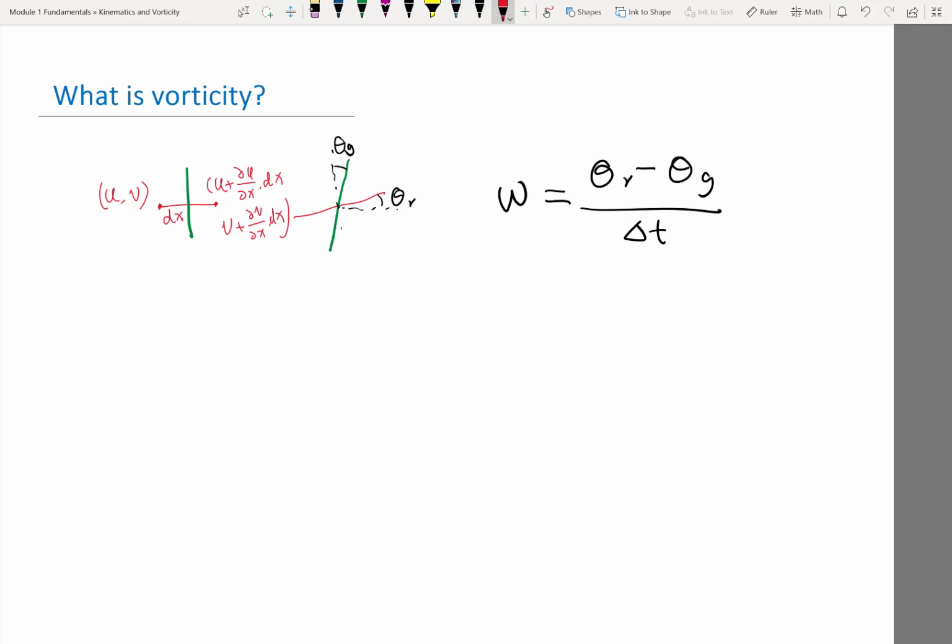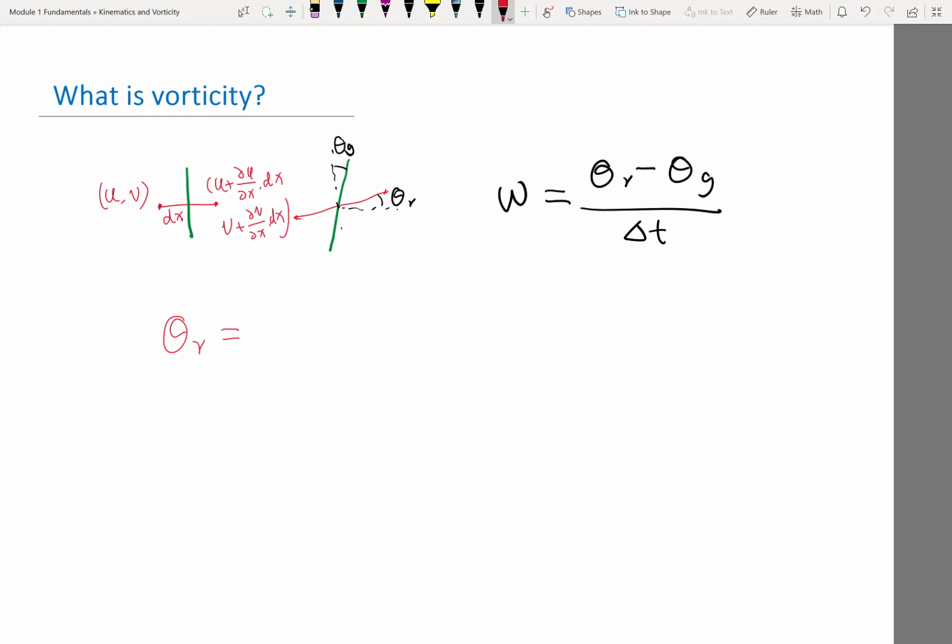All right. So after a moment, what is the angle? The angle after an infinitesimal amount of time, because the angle is going to be very small. This angle, theta r, can be written just as the delta y of this line divided by delta x of this line, right?